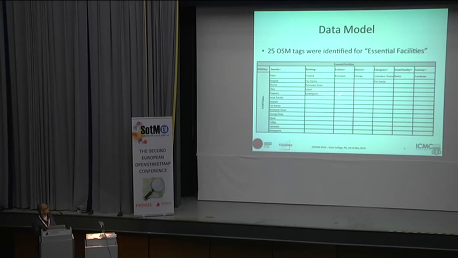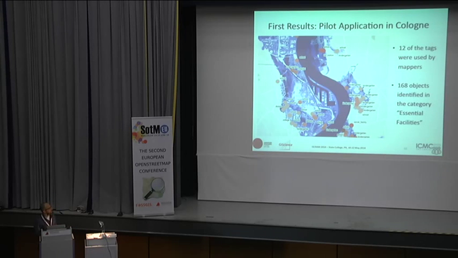For example, we detected for essential facilities 25 OSM tags, which we found relevant for this kind of analysis, that maybe you can see here. I will not go over all of them, but you can already have a glimpse that you actually have pretty good and also pretty complete information in terms of what is possible in the OSM database.